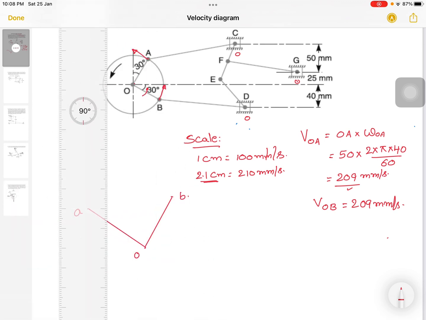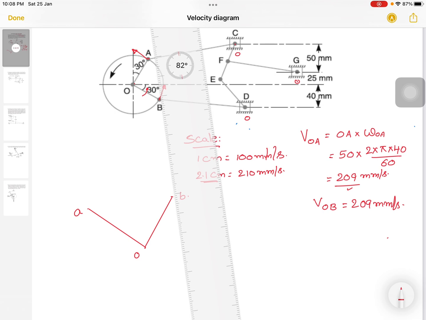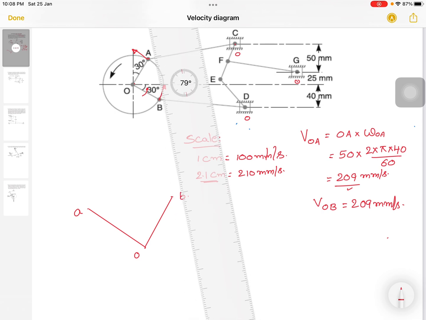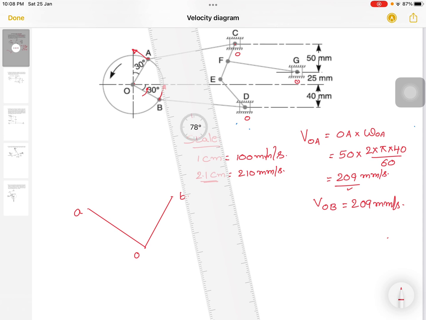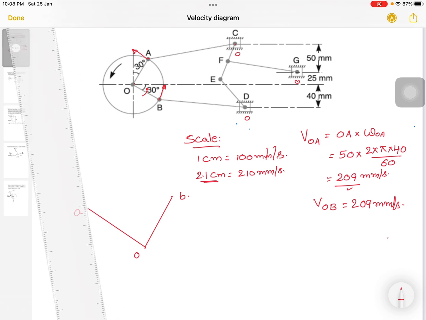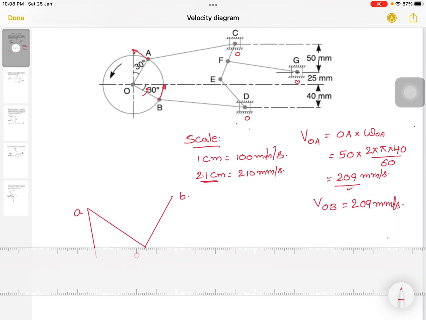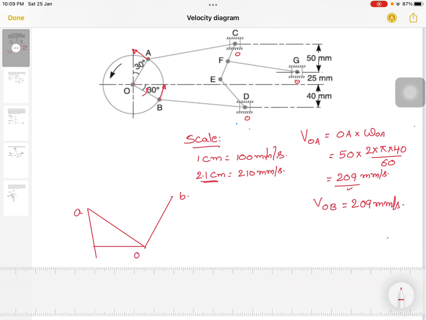Now you know point A. Point A is connected with C, the other end of that link. Draw a line from point A perpendicular to AC. Here C is a slider moving along the x-axis, so you can draw a line from point O along it.